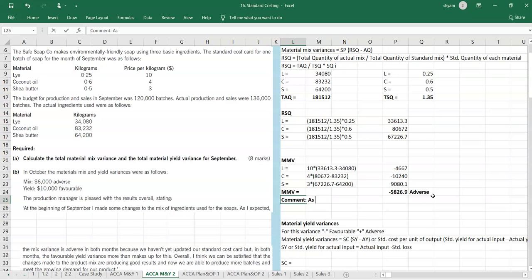As the company is consuming more costly raw materials.